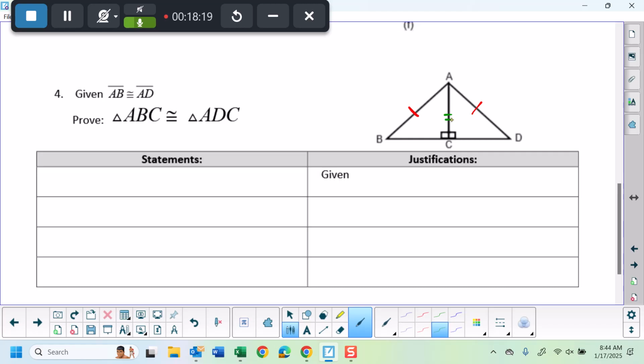Read the directions. Step two, talk to your diagram. Put the markings on. Step three, come up with something else that you know is true. Let's see, well, what do I see? What do I know? What do I need? I see that I have that given, but I know they're reflexive property. I know I'm looking at right triangles. So I know I'm looking at hypotenuse leg.